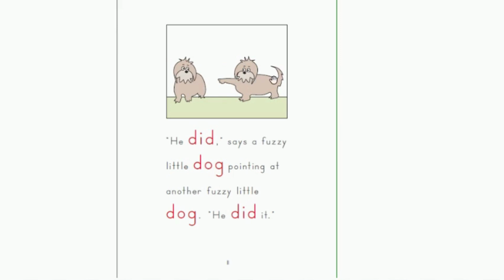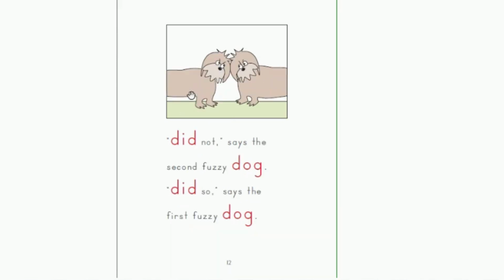Can you see two fussy dogs? Edith says a fussy little dog, pointing at another fussy little dog, he did it. The dog is pointing to the other dog and saying, he did it. Okay, so let us see what happens next.